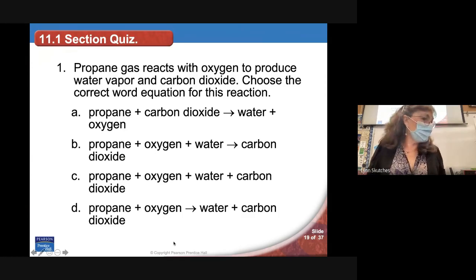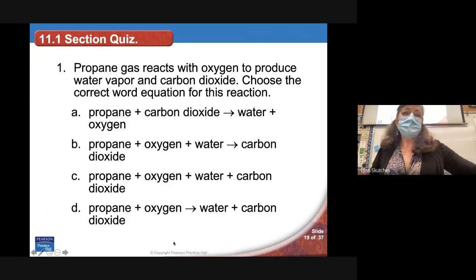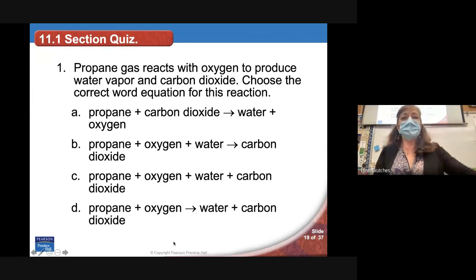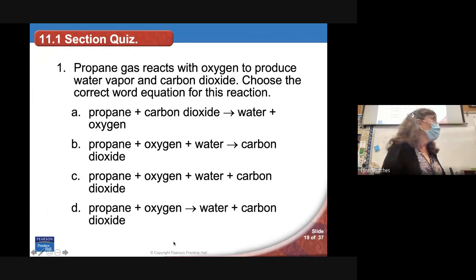Let's try this. We're doing pretty good, so let's do a little practice. Propane gas reacts with oxygen to produce water vapor and carbon dioxide. Which is the correct word equation for this problem?